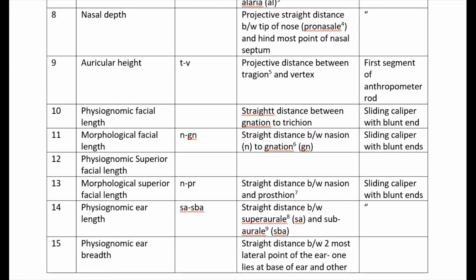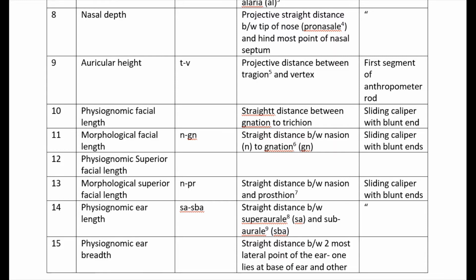Basically using the first segment of the anthropometer rod, which is also called the rod compass. We do not keep it on the floor surface; one point is kept on the vertex and one point is brought to the trageon point at the tragus of your ear. So that is how you calculate. Only the first segment of the rod is used for that. So this is the auricular height.